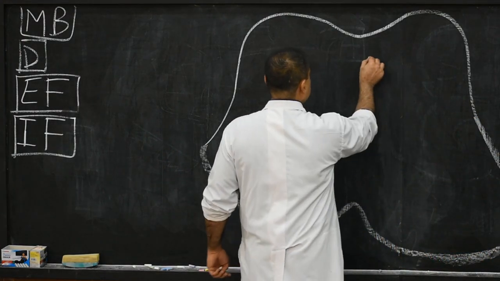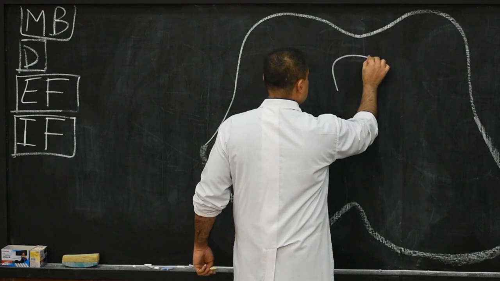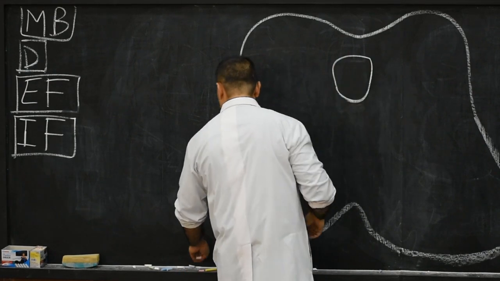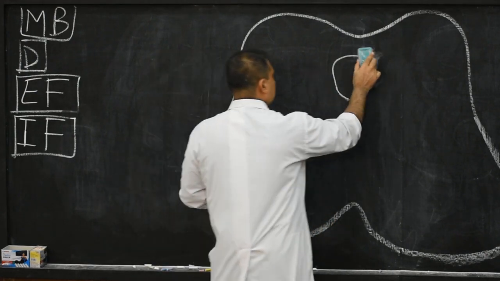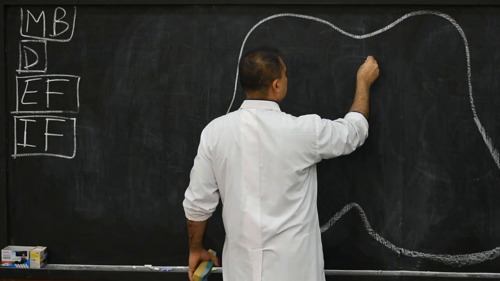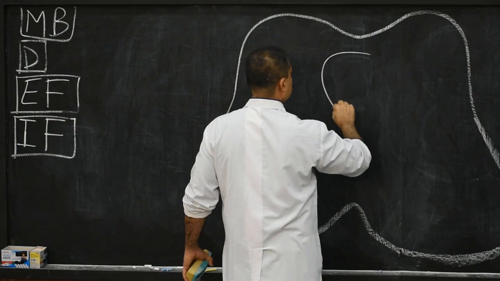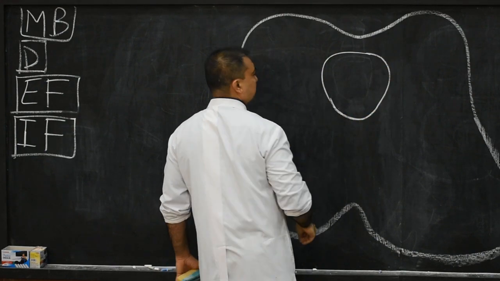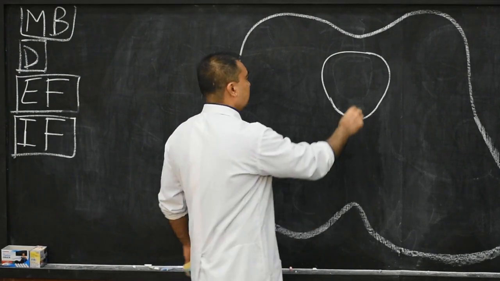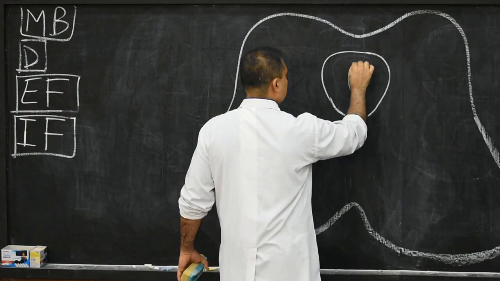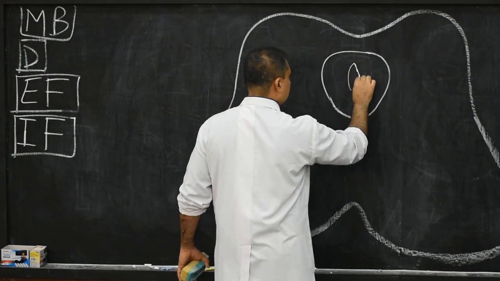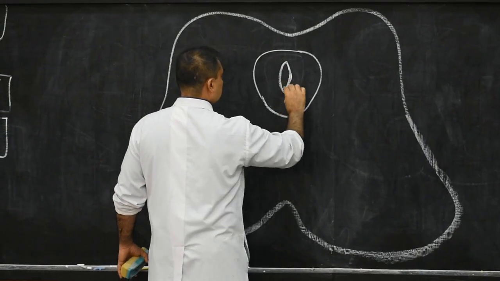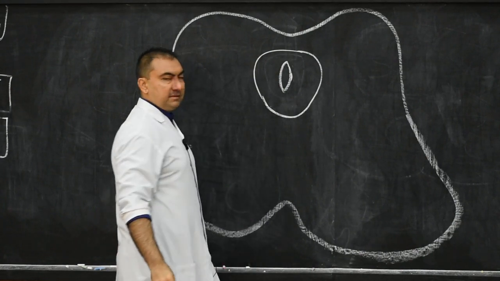Then we show here, this is the central gray matter, in which we need to broaden it, slightly broad we have to make. In this way we make this central gray matter. Inside we show the cerebral aqueduct. So this is the cerebral aqueduct inside.